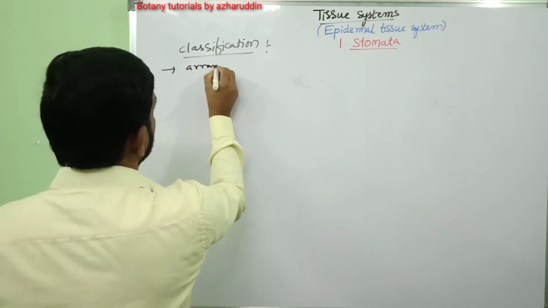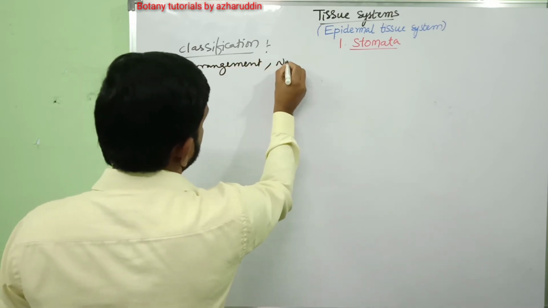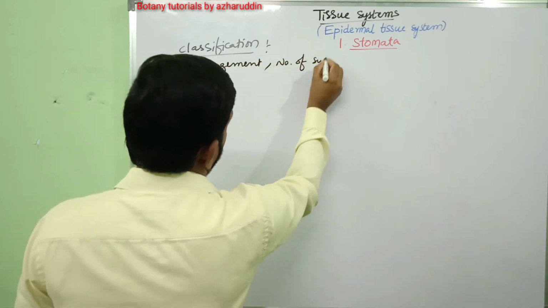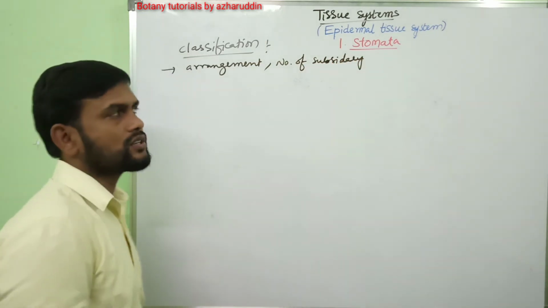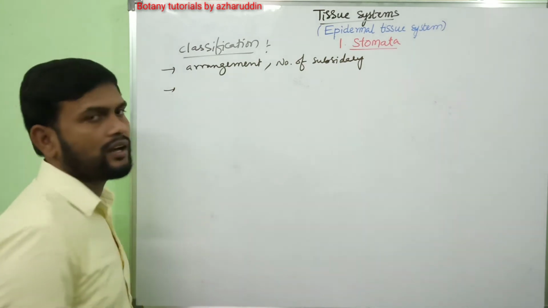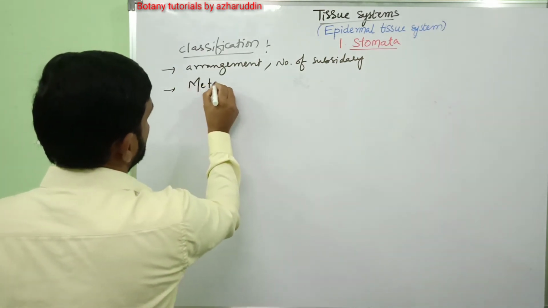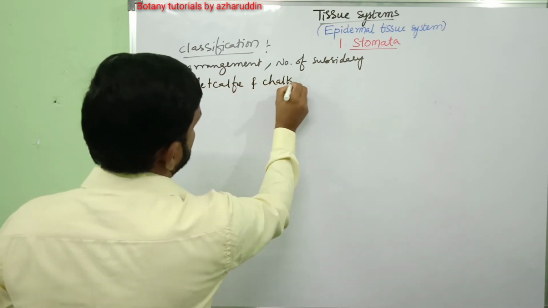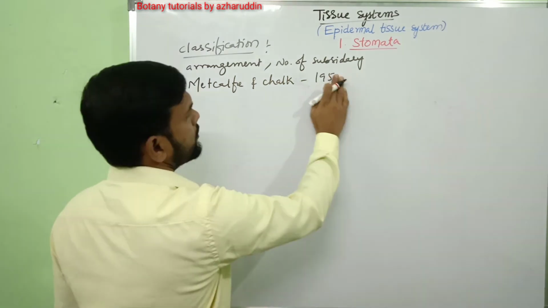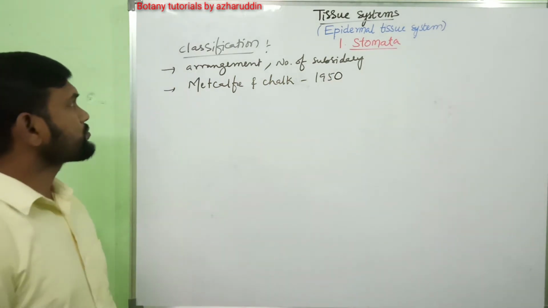Metcalfe and Chalk classified the stomata into various types in the year 1950.